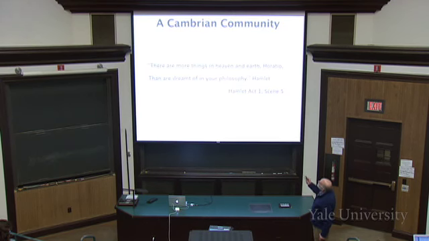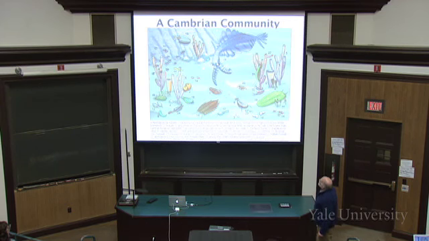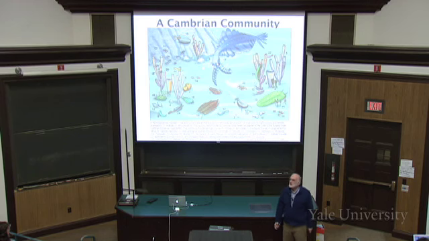Now let's take a look at one of these communities. They contain some organisms that are profoundly weird. By the way, they weren't very big. The giant among them, the sperm whale of the Cambrian seas, was this guy up here. Okay, that's Anomalocaris.